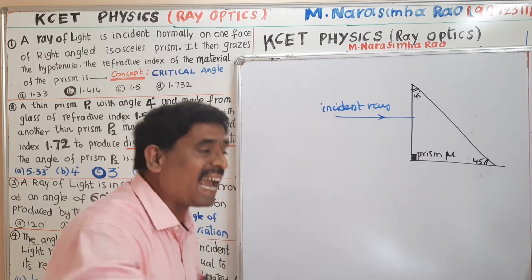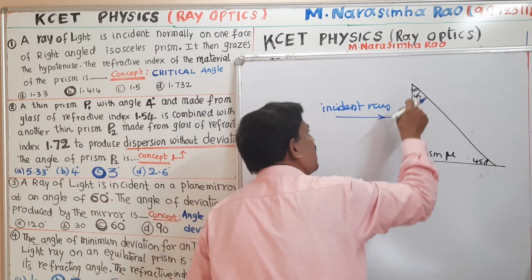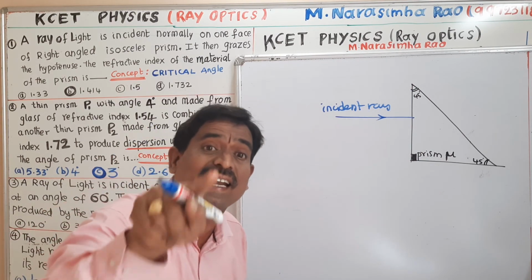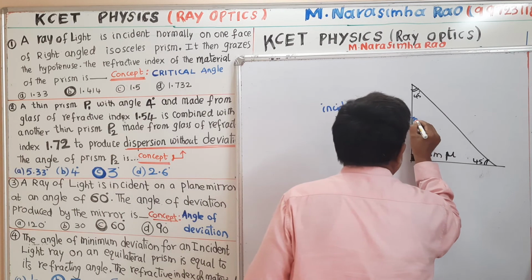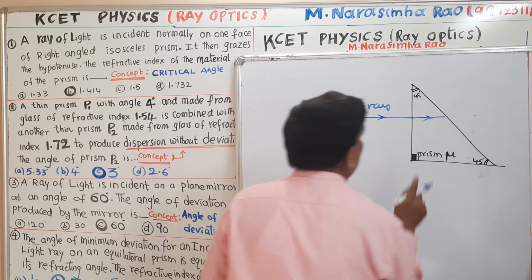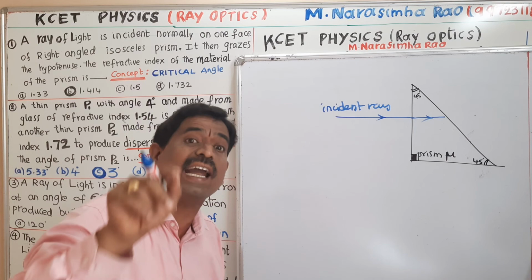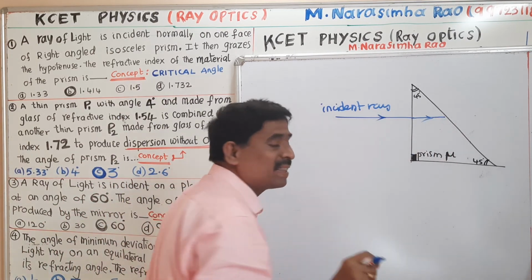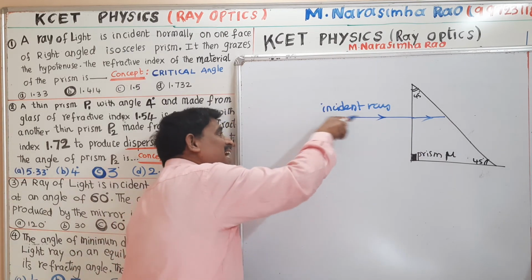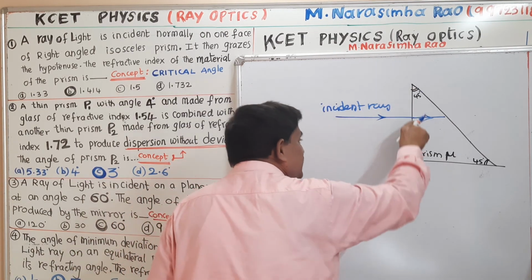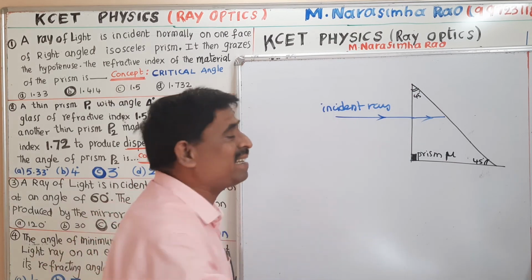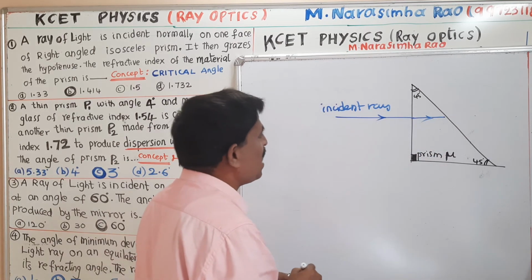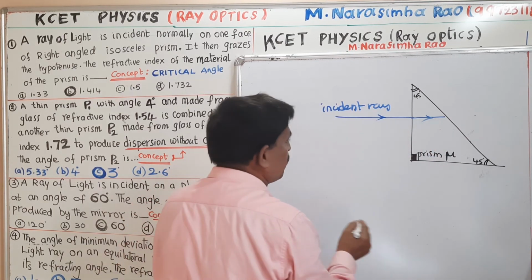When the light ray is incident normally on one surface of the prism, the light ray travels without any refraction, without any deviation, in a straight line path. The light ray enters into the prism.